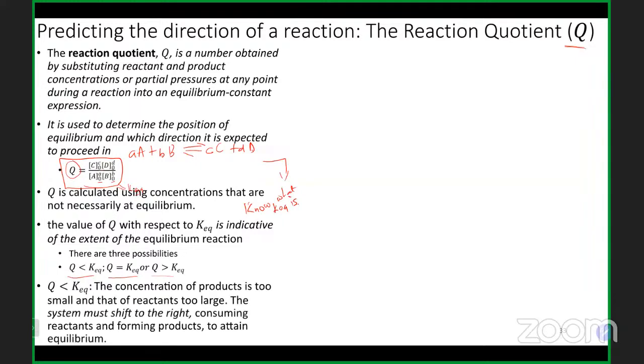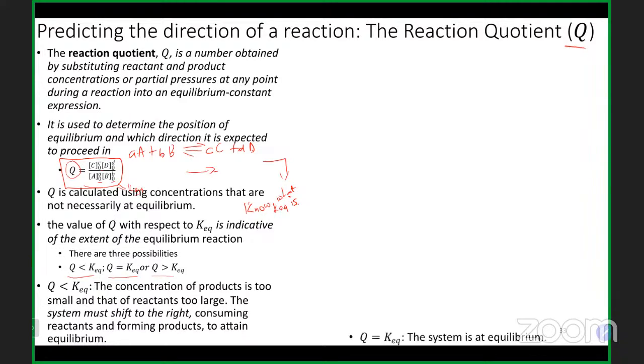So when Q is less than K equilibrium, it means the concentration of product is too small and that of reactant is too large. So you need to produce more products. You still need to go right.